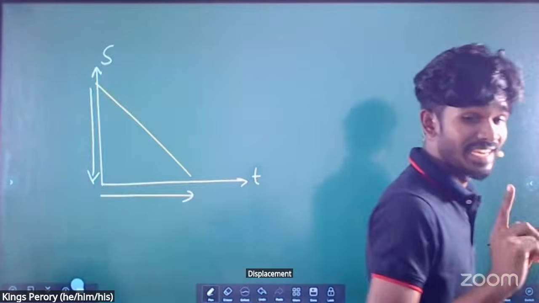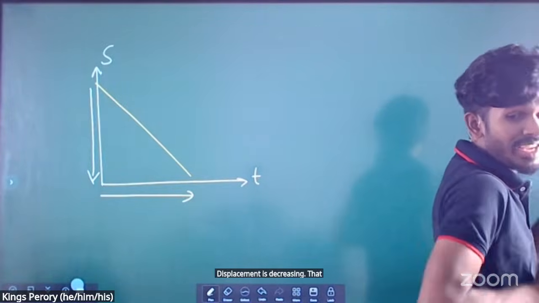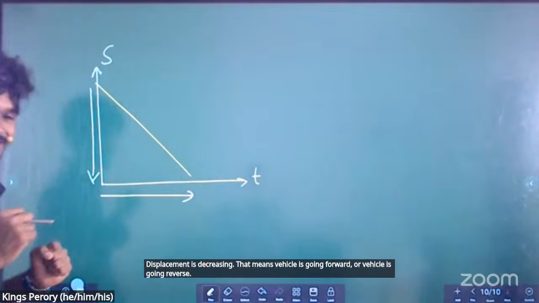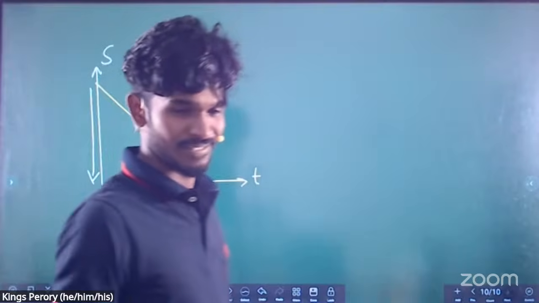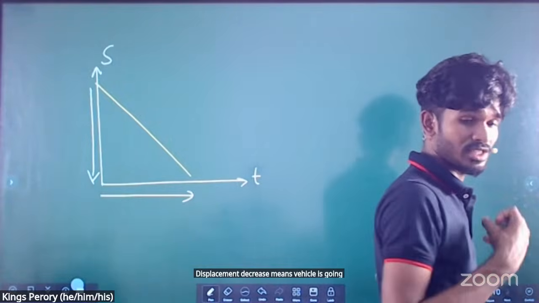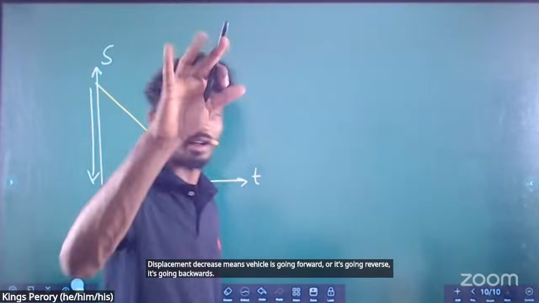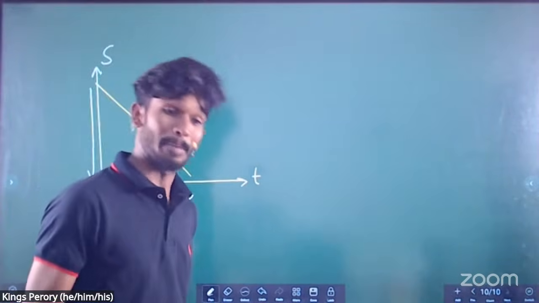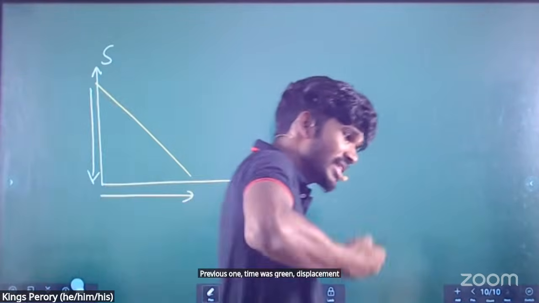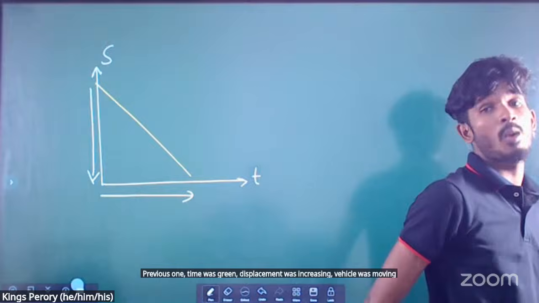Displacement is decreasing. That means the vehicle is going reverse, it's going backwards. In the previous one, time was going, displacement was increasing, the vehicle was moving forward.